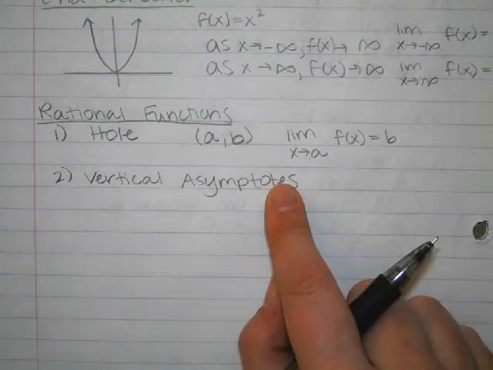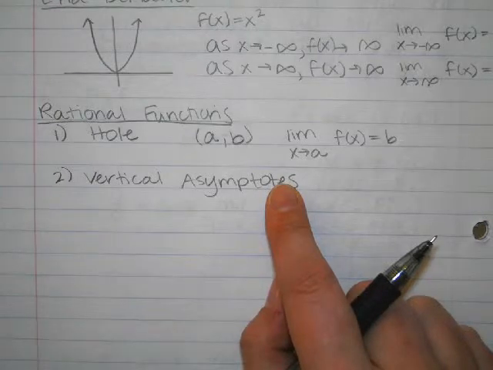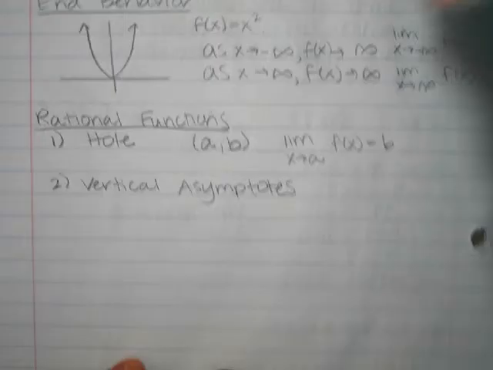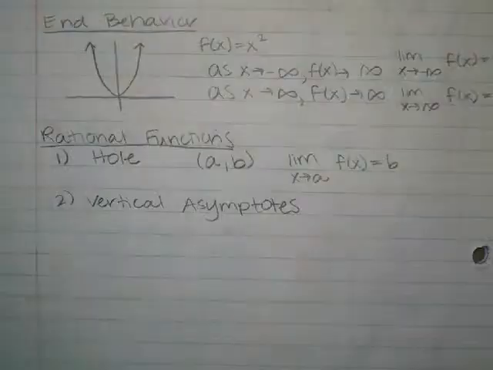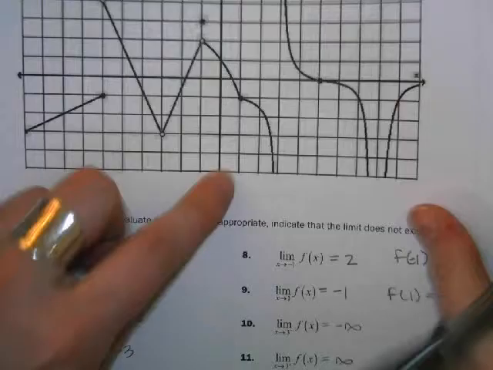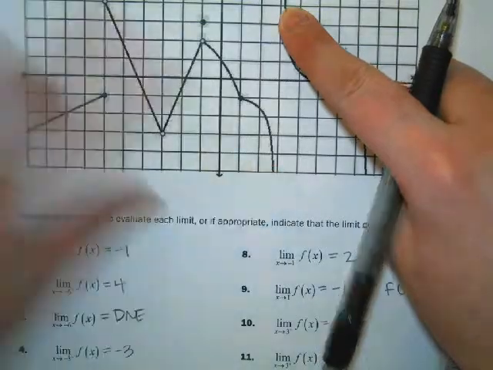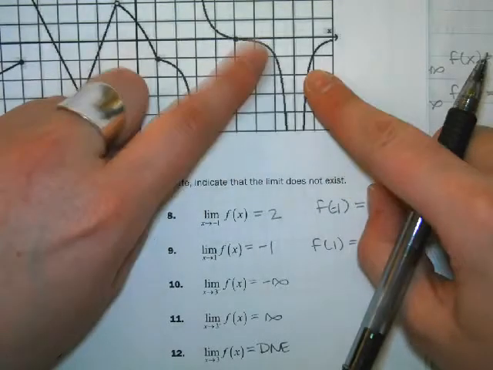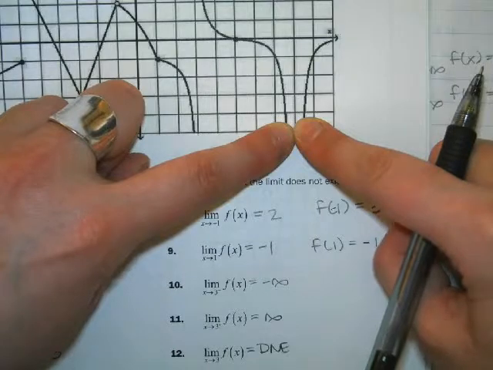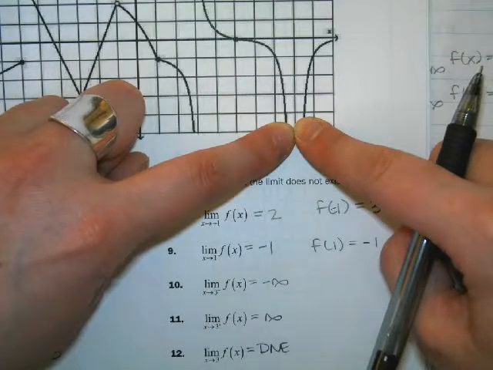For vertical asymptotes, we actually have to check the left-hand side and the right-hand side because we always want to know if the vertical asymptote is something like this, where it goes up and down, so the limit doesn't exist, or if the vertical asymptote is something like this, where they both go the same direction, so they agree with each other. Okay?